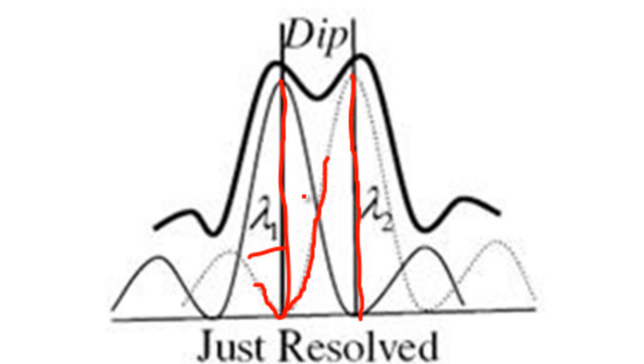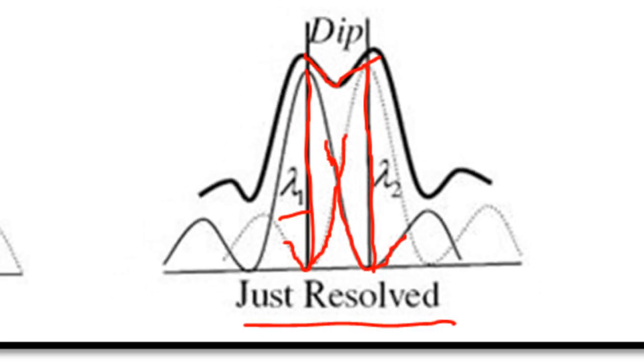Here you can see that the principal maximum due to wavelength lambda 2 falls over the first minimum due to the diffraction pattern of wavelength lambda 1. When the principal maximum falls over the first minimum of the other wavelength, in the resultant intensity you can see a clear dip in the intensity pattern.